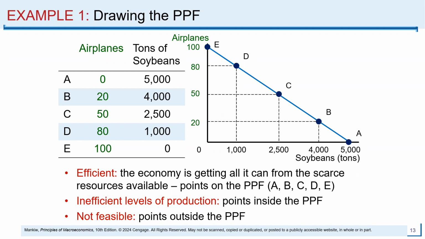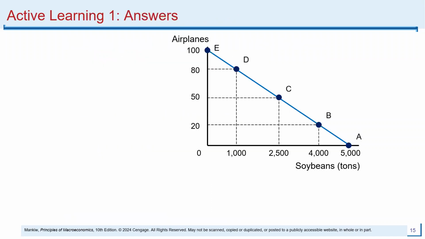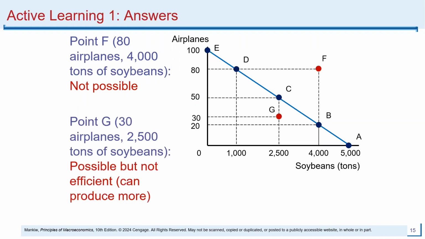You can produce 50 airplanes if you only produce 2,500 tons of soybeans. So you definitely have enough resources to produce 30 units of airplanes. But at this point, it is inefficient. Inefficient means that you still have some resources that are wasted, right? So F is unattainable, while G is attainable.